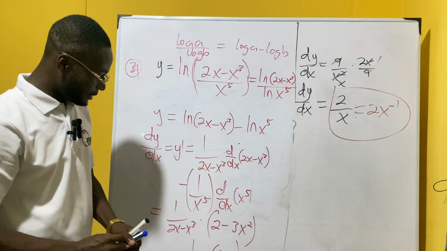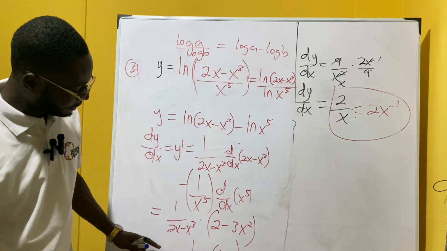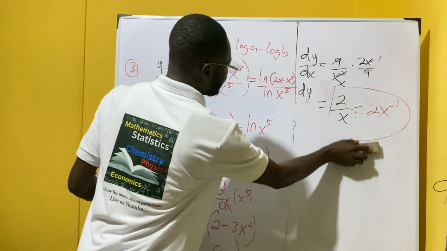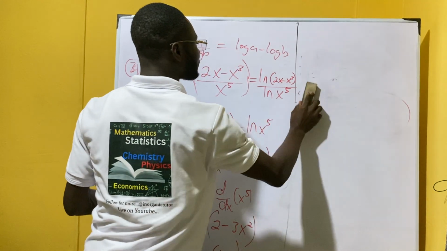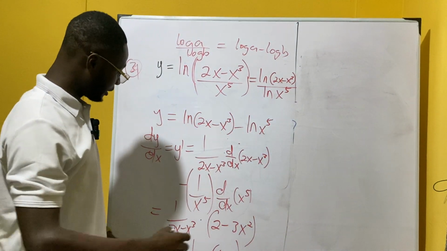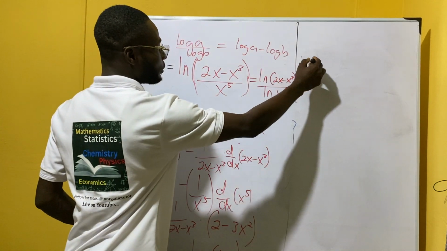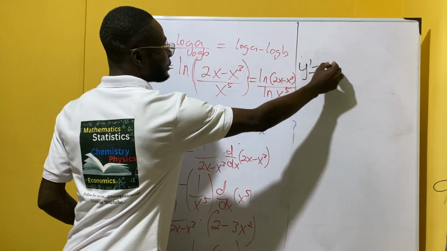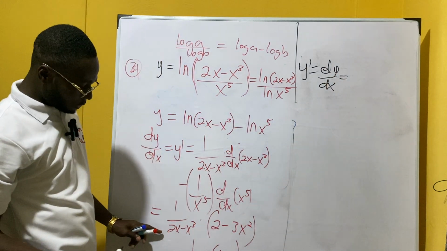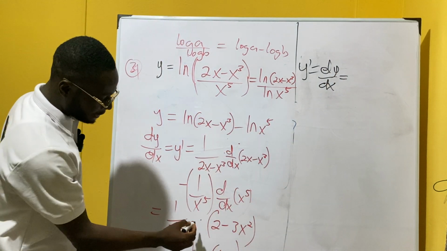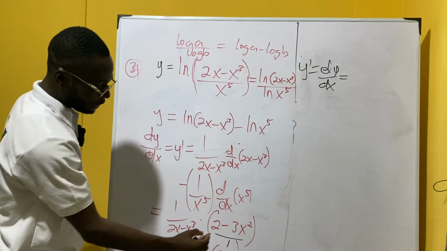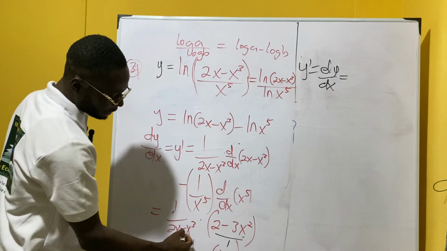Right, so we can now expand this, spread it, and then we can have our final answer. Here we can say that y prime, which is the same as dy/dx, is equal to, now we know that this is over 1 here, and this is over 1, 2. So this will come up, and this will go down.